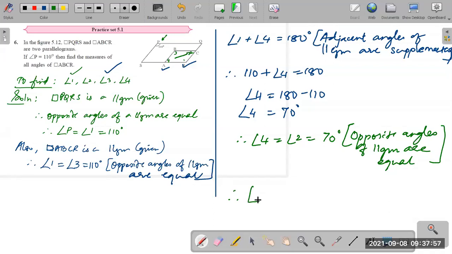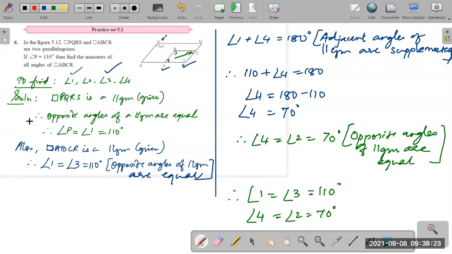So therefore we have got all angles. The angles of quadrilateral ABCR are angle 1 equal to angle 3, which is equal to 110 degrees, and the other pair, 4 equals 2, which is 70 degrees. So that completes the proof. And what properties have we used here?